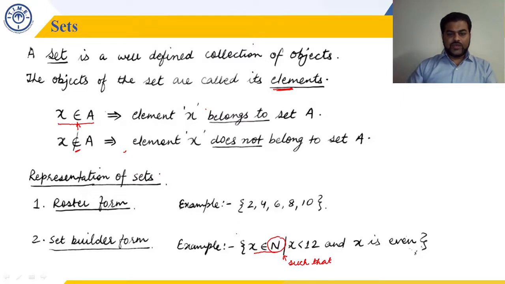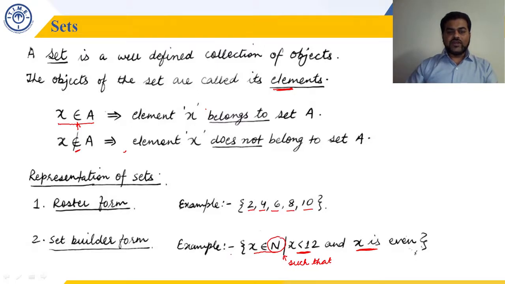So X is an element that belongs to natural numbers such that X is less than 12, and also X is an even number. So we have been given a condition or a process by which we can derive what are the elements of the set. If I ask you to list all the even natural numbers which are less than 12, those are nothing but 2, 4, 6, 8, 10.